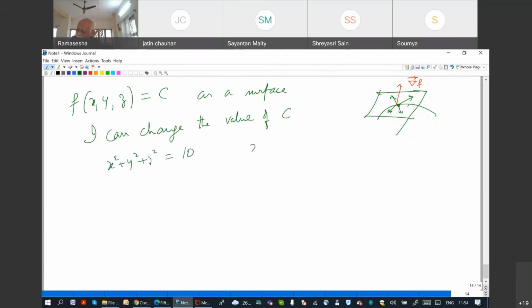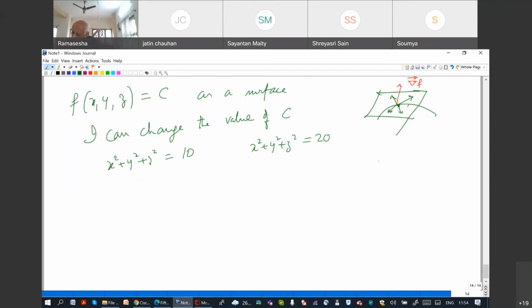Then I change the value to x squared plus y squared plus z squared equal to 20. When it is 10, grad f is perpendicular to the surface of the sphere, and when it is 20, it's again perpendicular to the surface of the sphere.